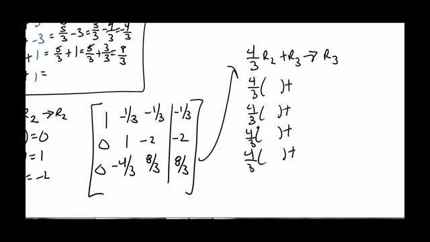Okay, so let's fill in row 2. So 0, 0, 1, negative 2, and negative 2. And then row 3, which is 0, negative 4/3, 8/3, and 8/3.